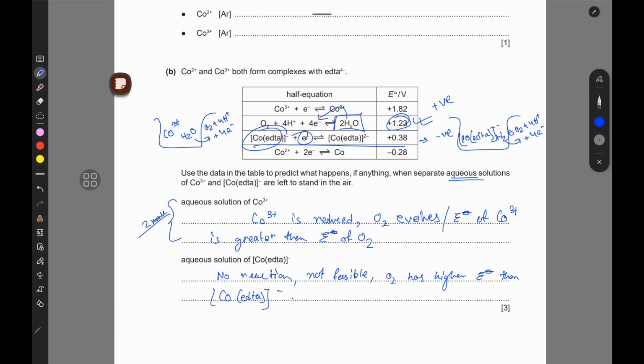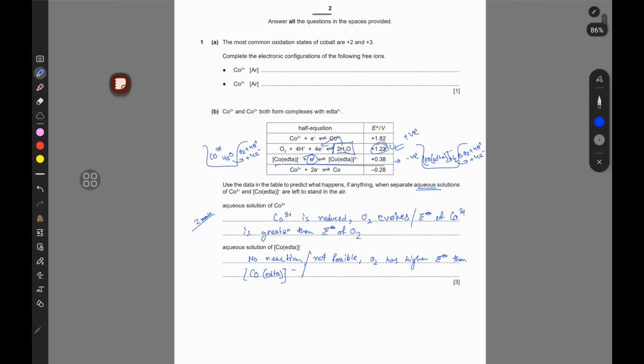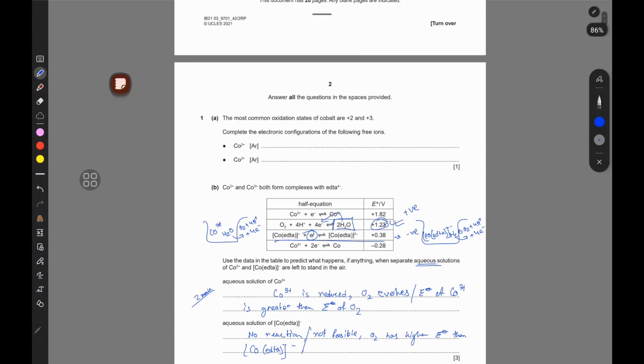So this reaction is not going to happen. Great. So no reaction takes place since it is not feasible. O2 has a higher electrode potential than cobalt. Okay, so that is how you can answer the questions. Good. So that is your question 1.